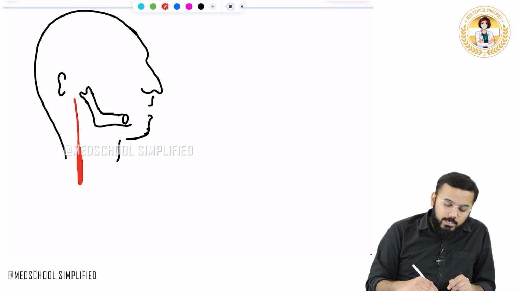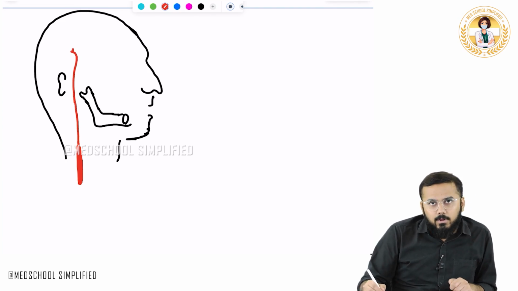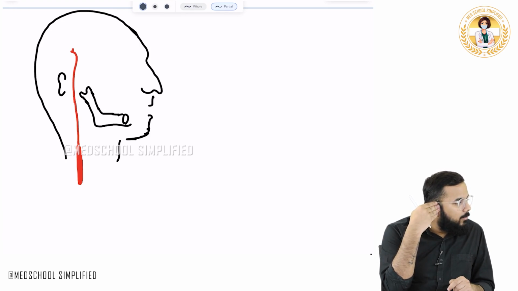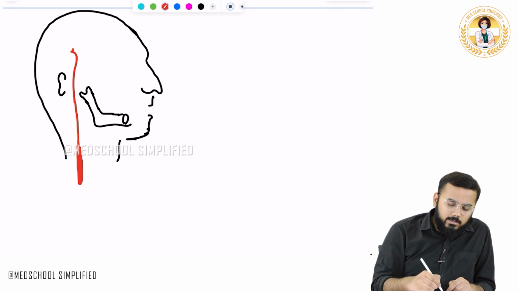Now where is this branch present? This branch is present in front of your ear and behind your mandible, right, which means exactly this area. At this area, if you put your fingers, you can actually feel the pulsation of an artery. That artery is nothing but this one.